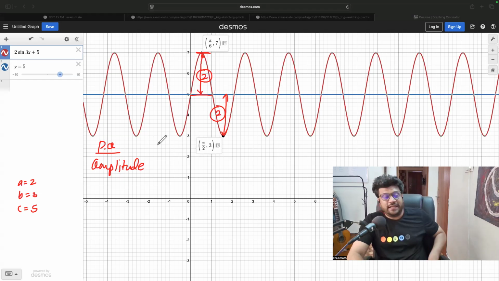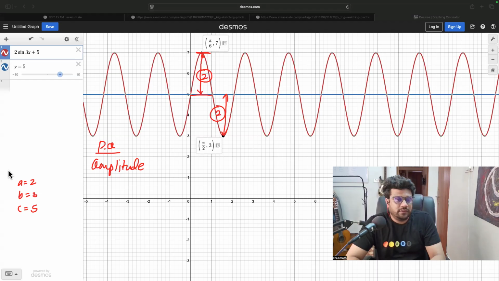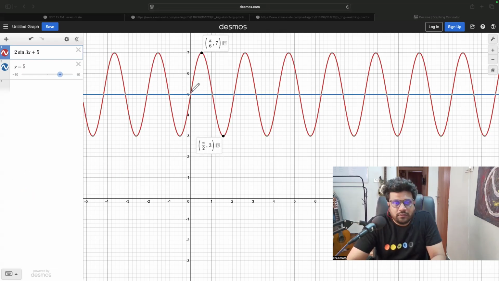Now, I want you to see the size of one wave in here. This is where I would start looking at the wave. There it is. That's one whole crest, and that's one whole trough on the wave.